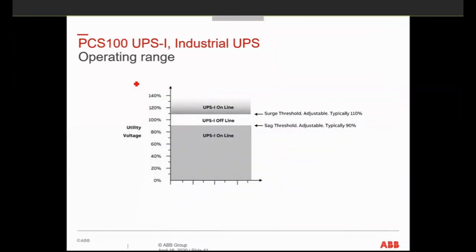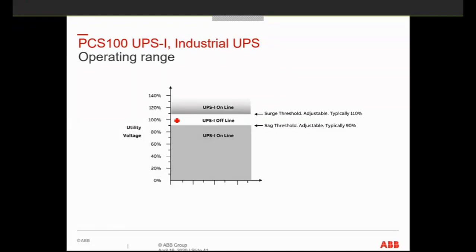Okay, so this operating range, right? So why is it offline at plus minus 10%? Because it has a continuous regulation so that it does not need to use its storage capacity. Okay, so if the system is below 90% or above 110%, all right, it will use its storage capacity to give you premium power.